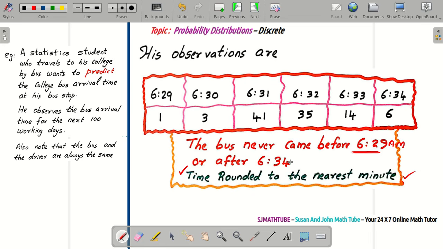So the bus never comes before 6:29 or after 6:34. And how many days did the bus come at 6:29? Wow, that's very less. Only 1 out of 100. And 6:30 3 times, 6:31 41 times, etc.